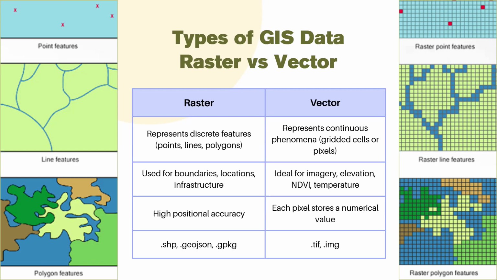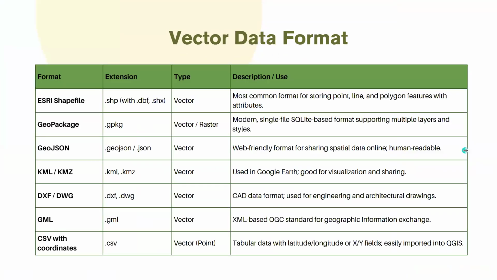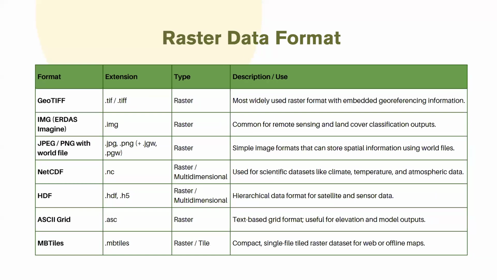Then the most commonly used TIFF. Okay, this is how the points look in satellite images. Then IMG, here it is used in specific GIS software.